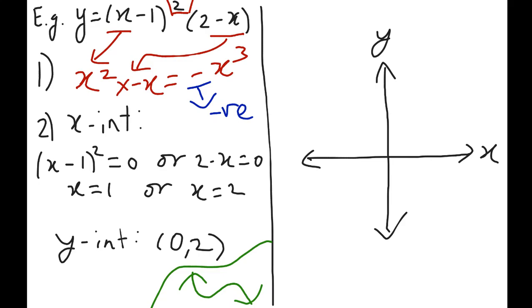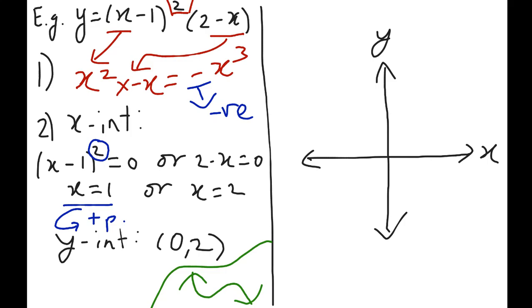Now let's have a look at the x-intercepts. When we solve for the x-intercepts, notice that the section on the left has a square on it. If when you are solving there is a square on it, that says that this has a turning point.